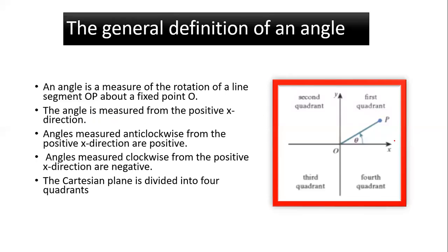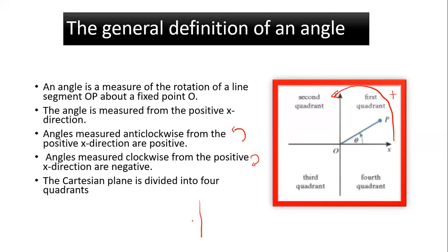Whenever we are measuring our angle and we take this direction here, this is the anti-clockwise direction. All angles measured in that direction are positive angles. And clockwise angles are negative. Angles that we measure, the way the clock is moving, are negative angles.